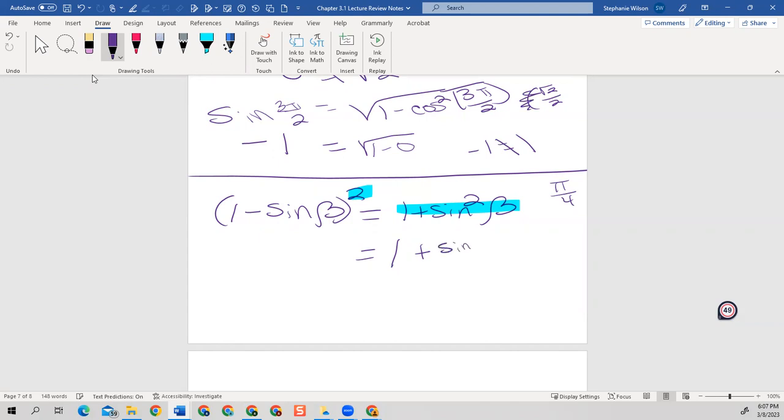Sine squared of pi fourth is going to equal 1 plus the square root of 2. And we have to pull this square on this 2. We have to acknowledge it. So I'm going to pull it out.